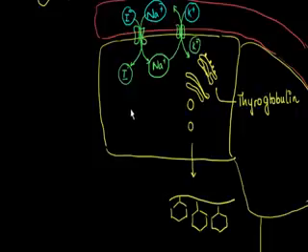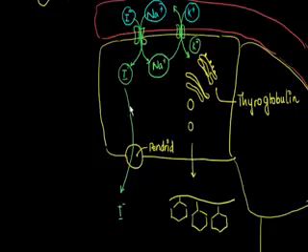The iodide that is now in the follicular cells is transported across the inner membrane to the colloid, in the lumen of the thyroid lobule, by a protein called pendrin. So this is the protein pendrin that transports iodide into the lumen.